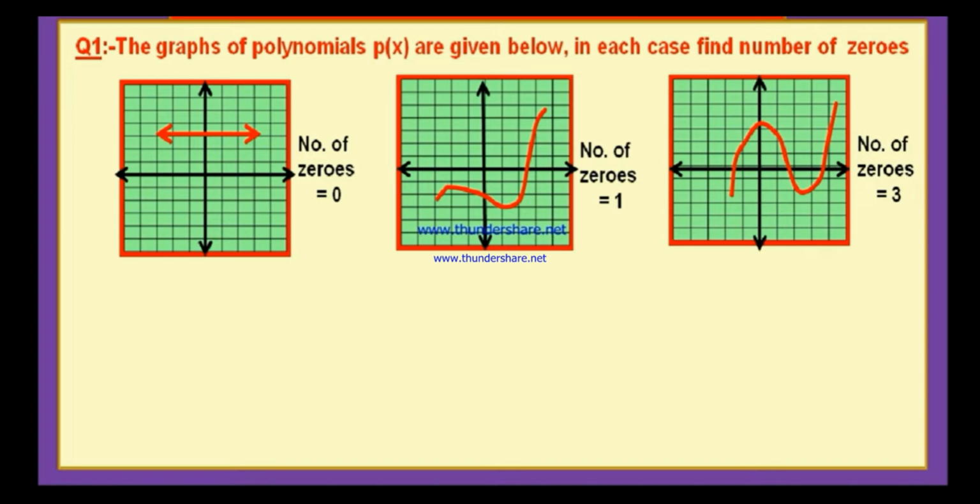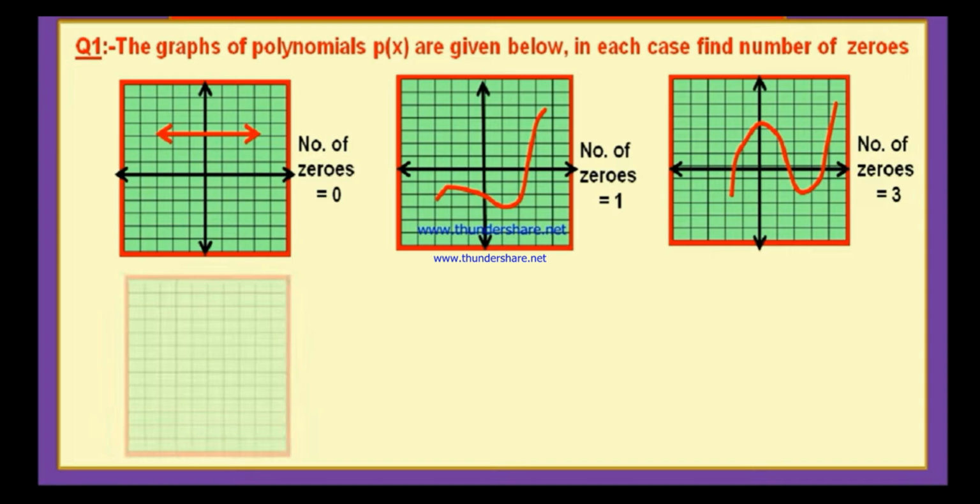Because we know that the zero of a polynomial is nothing but the value of the variable for which the total polynomial is 0. In order to get the zero, you have to find out the value of the variable for which the total polynomial is 0.